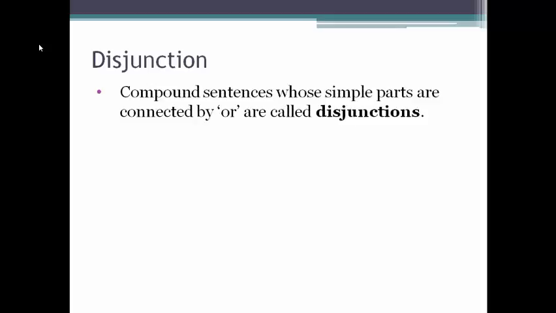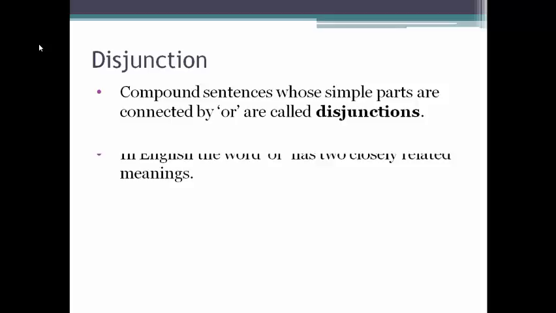But this point about Q or S leads us to something else that we need to talk about, namely disjunction. Compound sentences whose simple parts are connected by or are called disjunctions. In English, the word or has two closely related meanings.